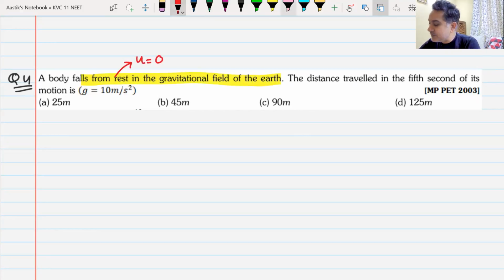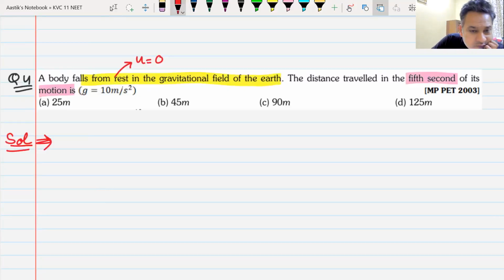The distance traveled in the 5th second of the motion is. I give you 2 minutes to solve this.